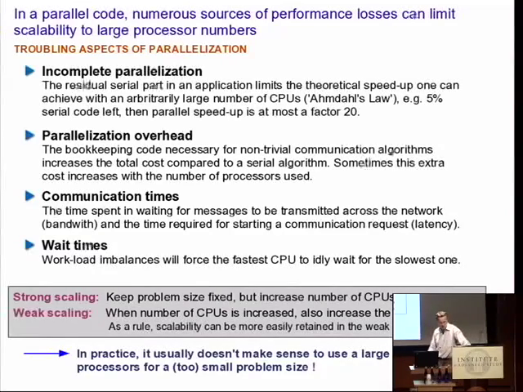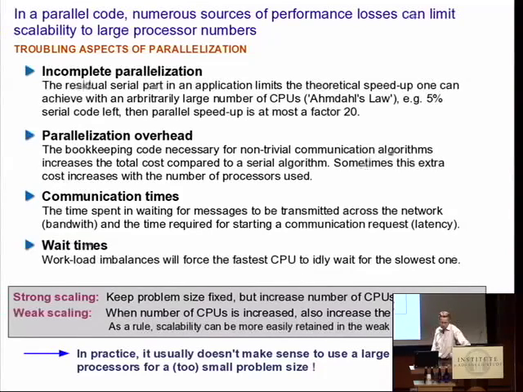And say Gadget is hopeless in the strong scaling. I'll show you some examples. It goes only over a certain range, but for certain problems, it's reasonably well weakly scaling. And one important lesson also from practical experience is that it usually doesn't make sense to use a large number of processors on a tiny problem size.